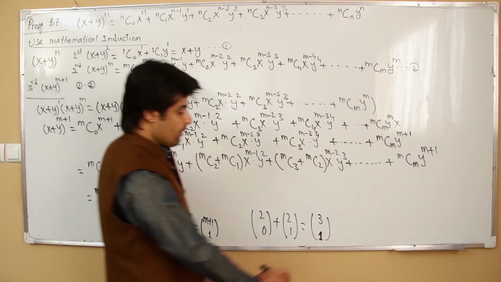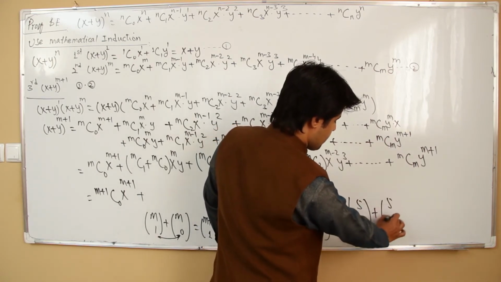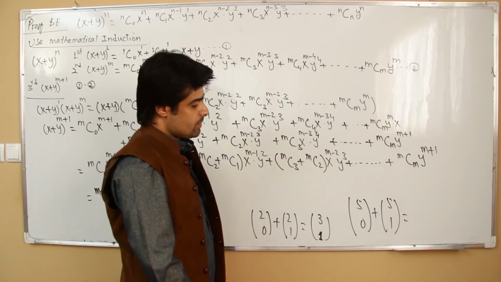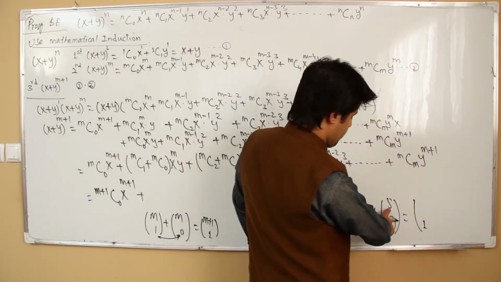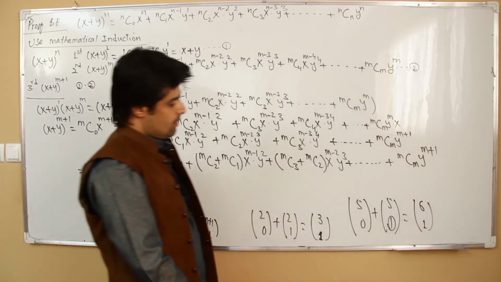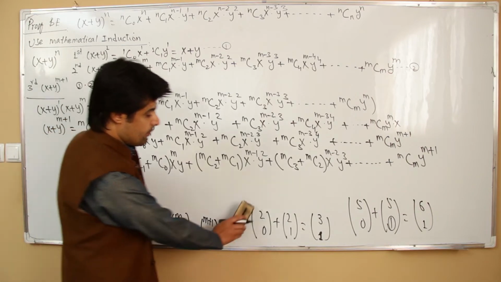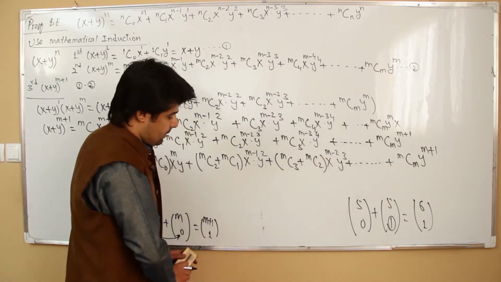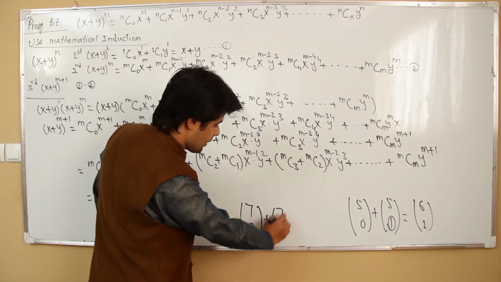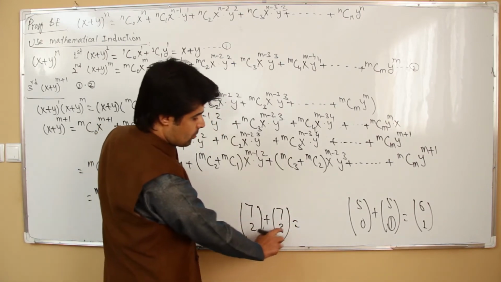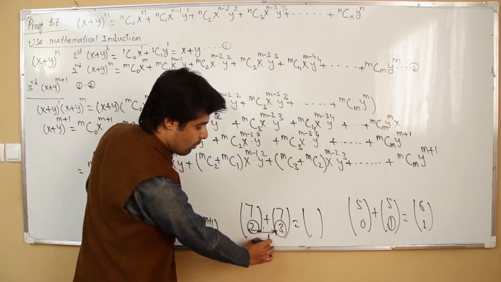If you have, for example, 5 by 0 plus 5 by 1, now what is the result? The result is, pick up the largest one, which is 1, and just add the n with one more, it is 6. If you have, for example, 7 by 2 plus 7 by 3, pick up the largest one. Why? Because we have these differing by one number.